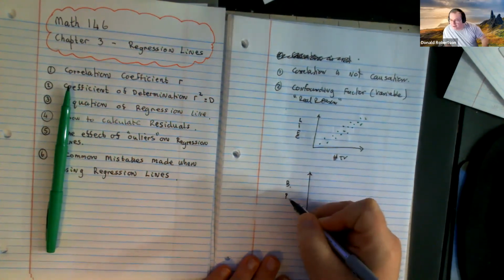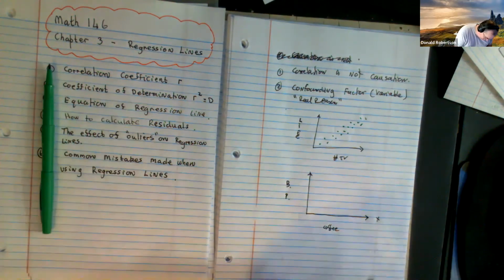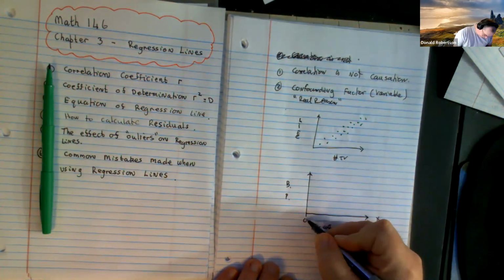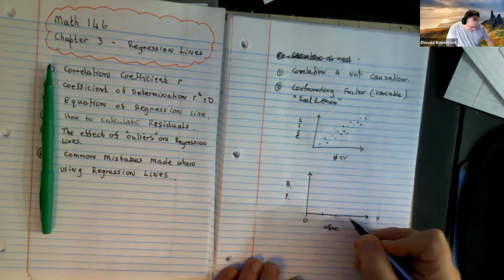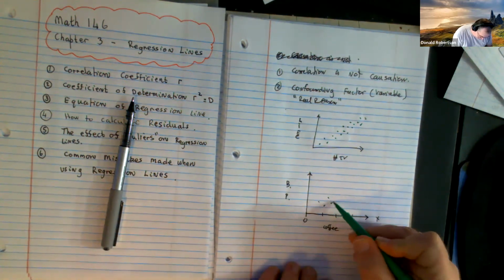Now, this probably isn't true, but let's pretend it is, right? So someone collected data on how many cups of coffee you drink a day. And there's some people who drink none, and some drink 1 a day and 2 a day and 3 a day, right? And all that kind of thing. And they got their average blood pressure, and they found out that it was a positive relationship, right?